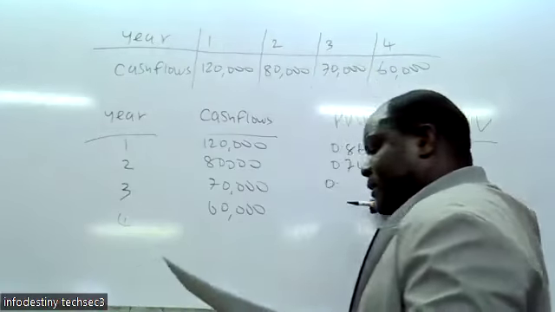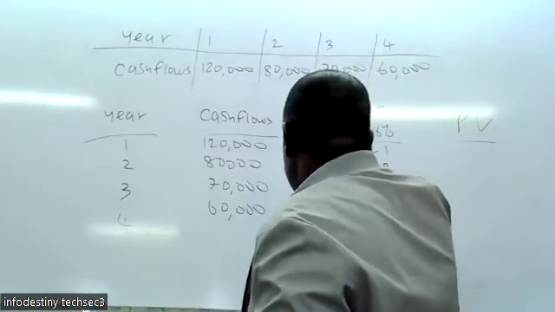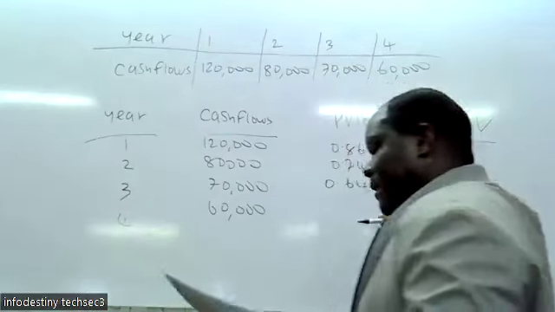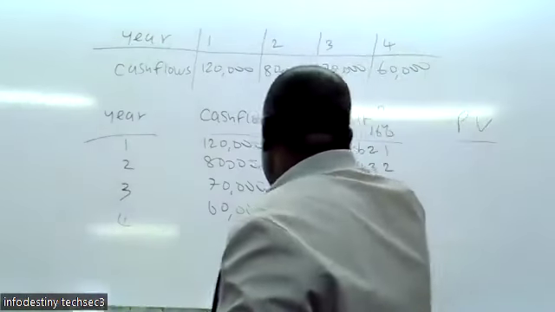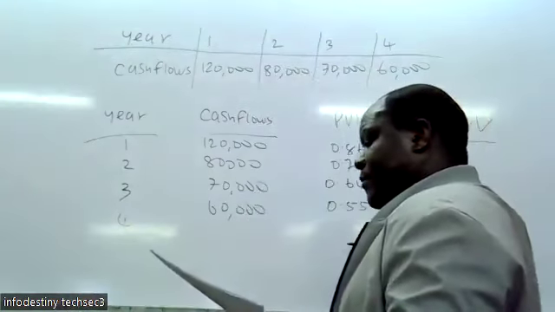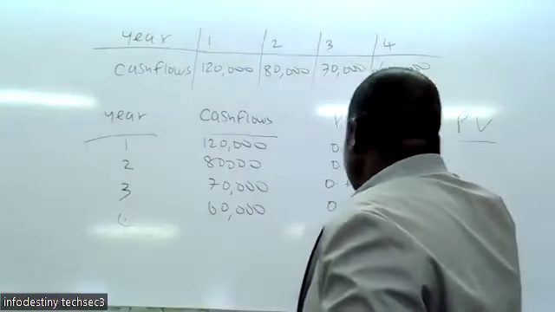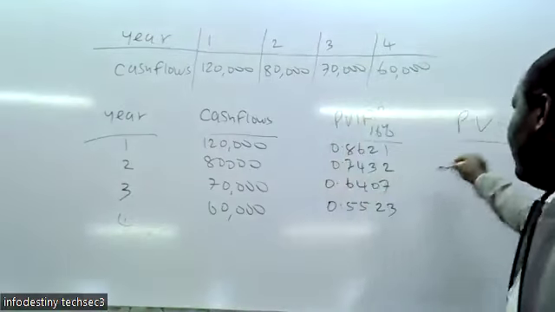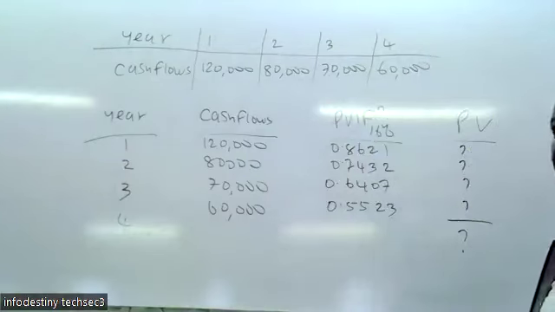Year 3, it is 0.64. The next one is meant to be 0.55. So multiply this by that. Then you get that total.